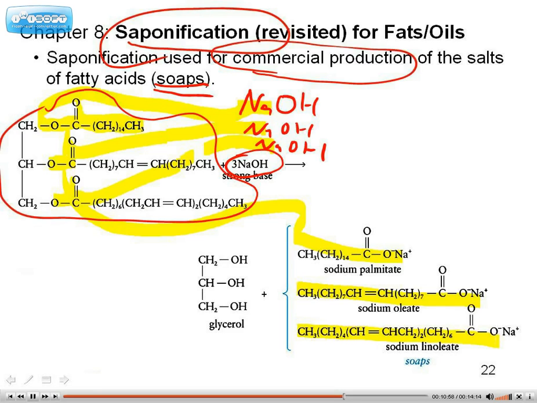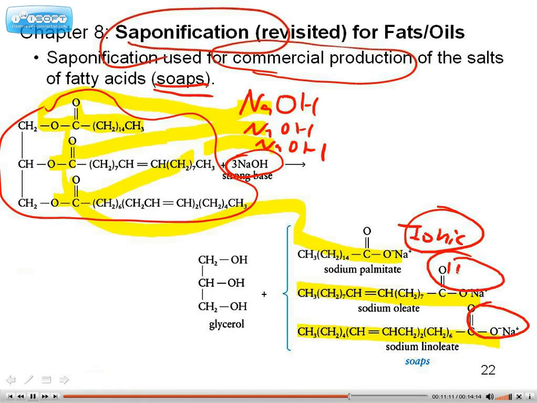The acid salts, notice they have these really strong ionic forces at the head, which makes them really polar. Consequently, you have the nonpolar tails, so these are classic soaps, hence the term saponification.